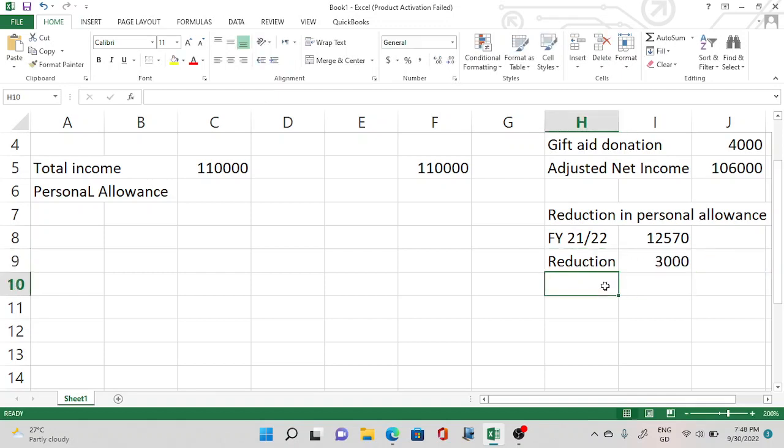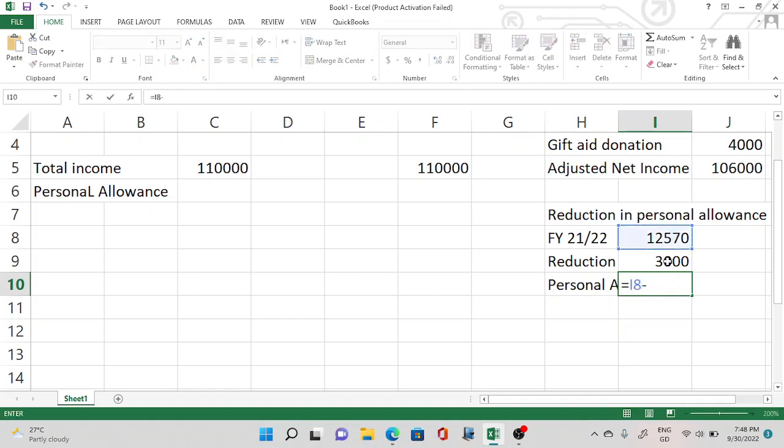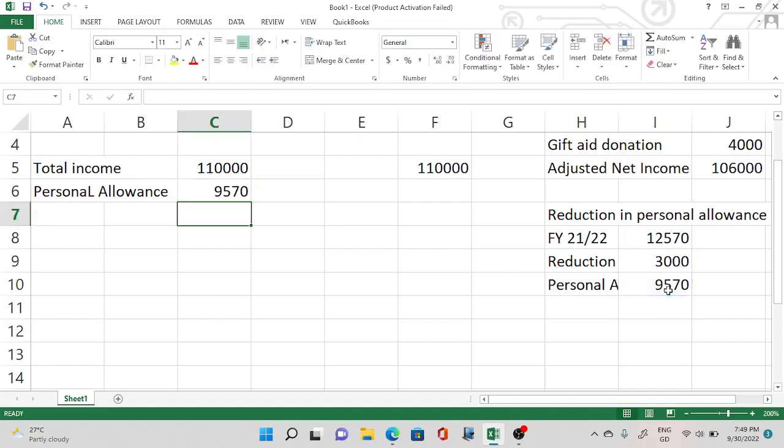Now, how much personal allowance will be subtracted from the total income? 12,570 minus 3,000, so 9,570 will be deducted from here. That's how I'm linking up the answers, and in your exam you should also do that.